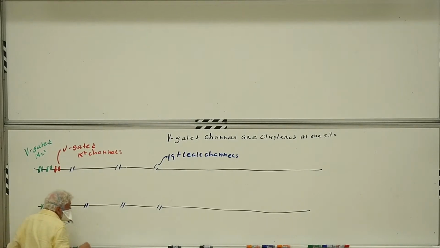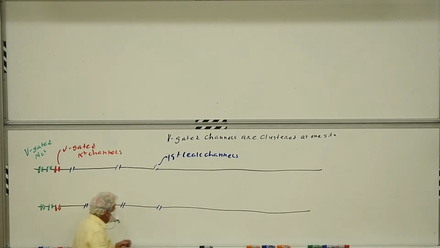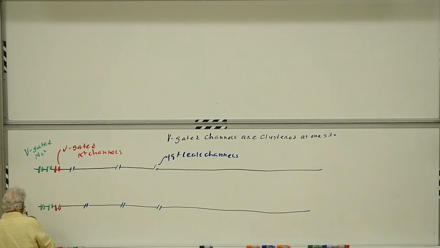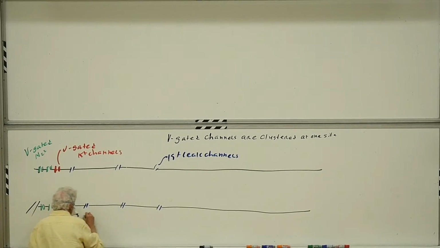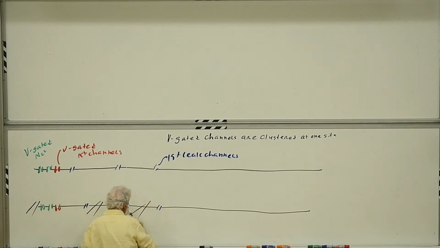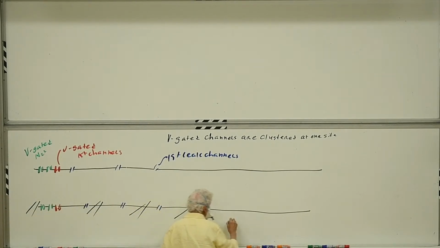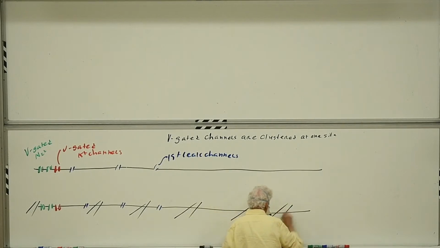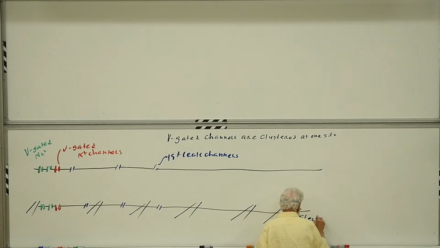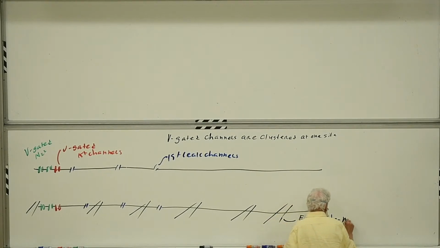The next thing I'm going to do is make an imaginary case where we put electrodes in and take measurements of the potential all along the length of this membrane. So each one of these structures is meant to be an electrode that measures voltage.